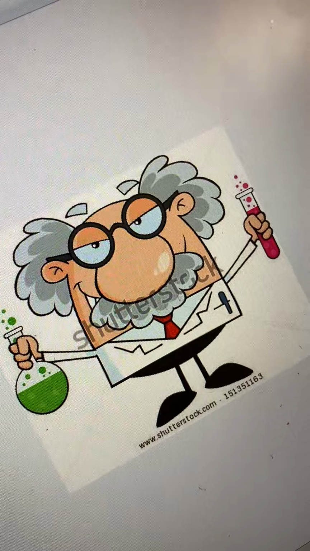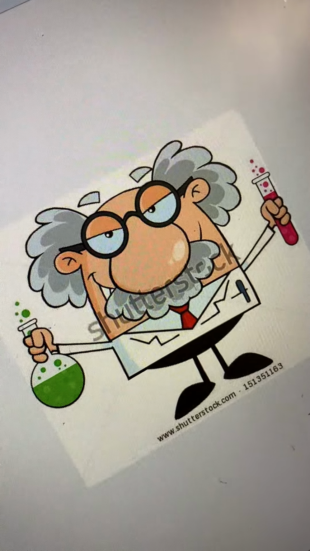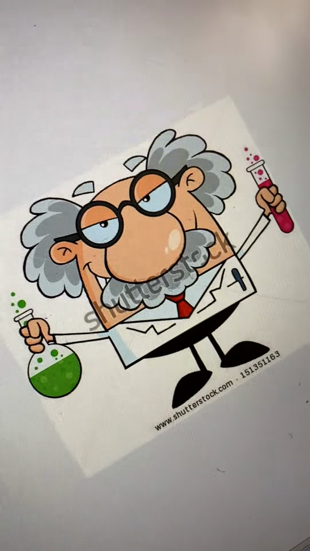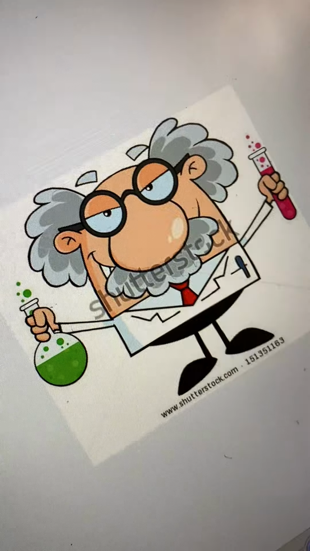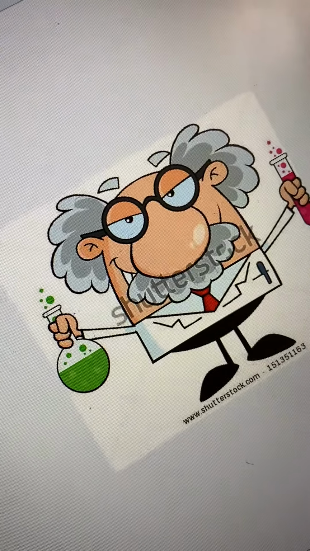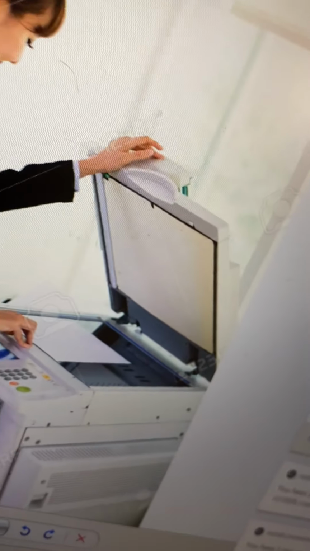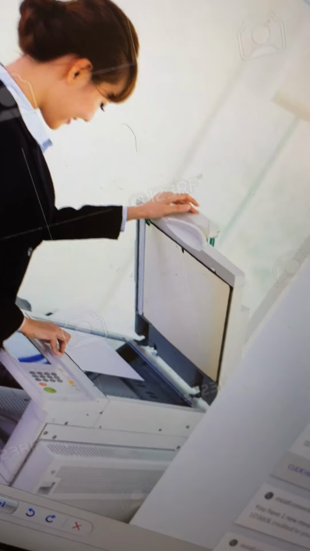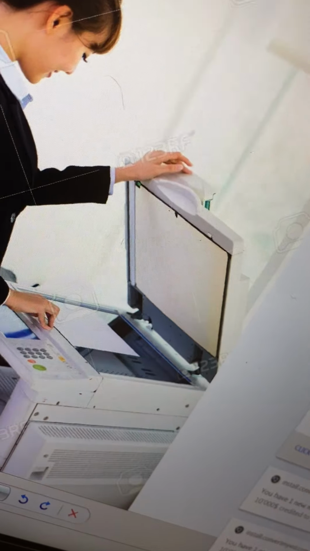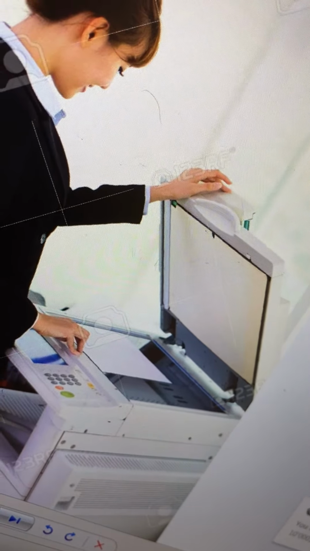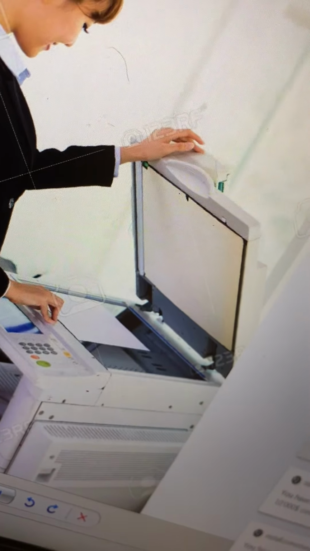A person who invents is an inventor. Excellent. This machine is a photocopy machine.